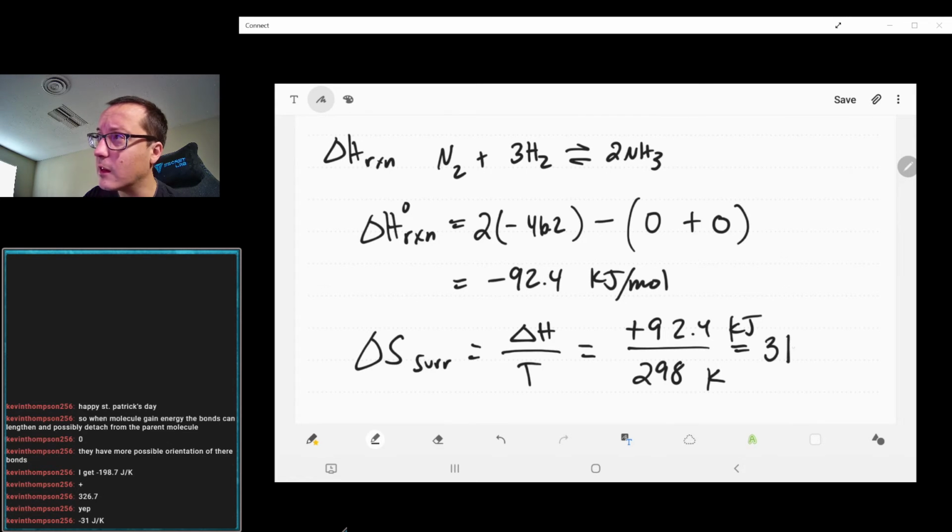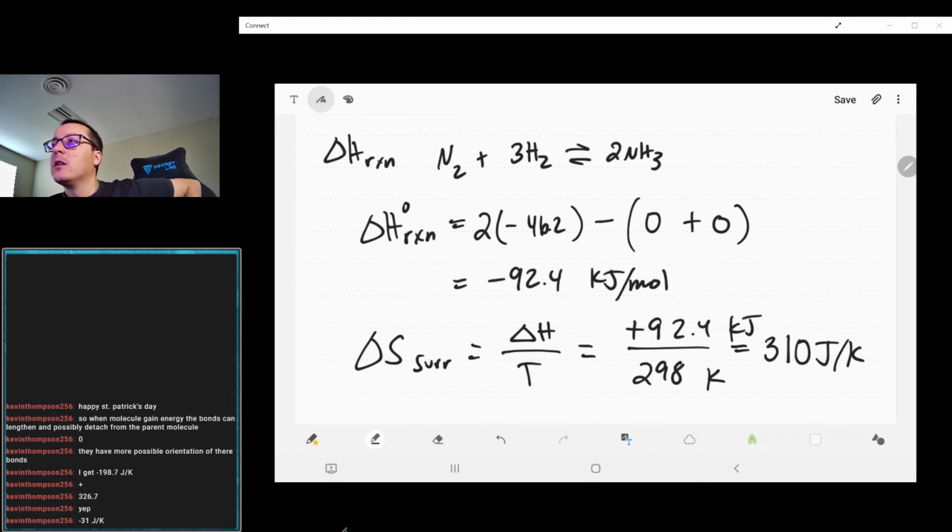I would think it would be one more thing, because we have 92,000 over 300. So it should be 300 then, or at least 90,000 over 300 is 300. So double check that, please. Remember that this is delta H for the surroundings, which would be opposite of delta H for the reaction, so it's going to be positive here.